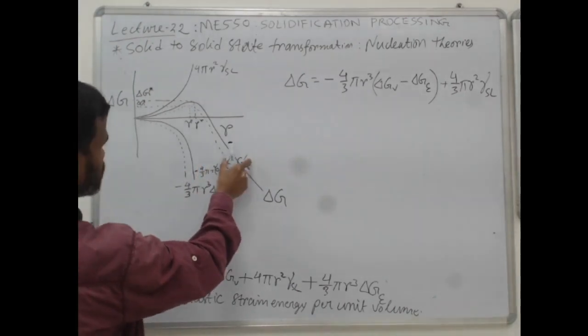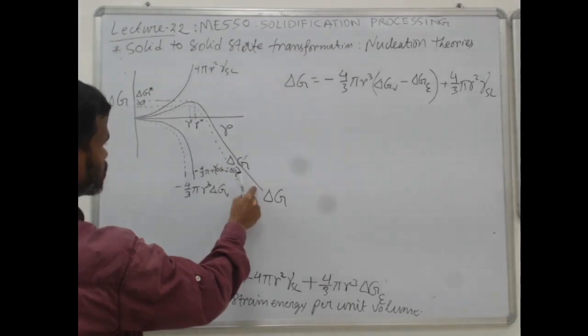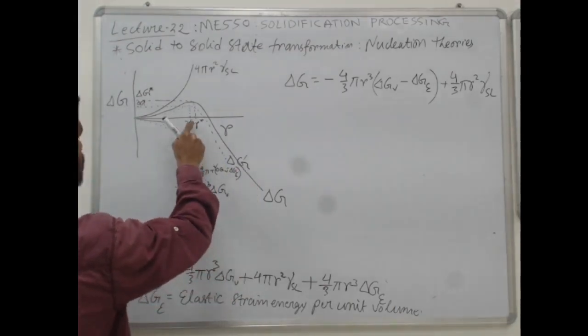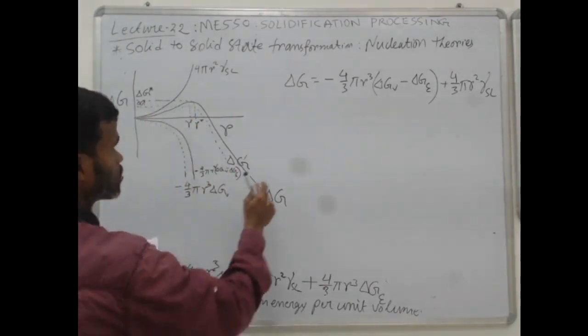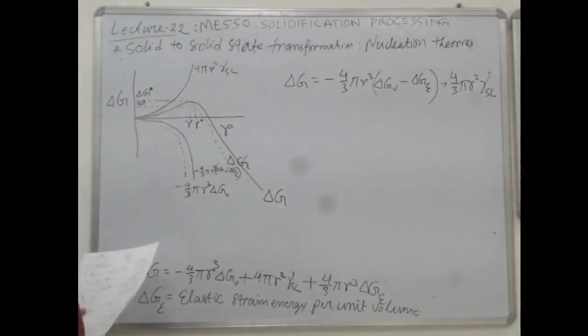This is the one in absence of this delta G term. So this is this equation. So what happens?